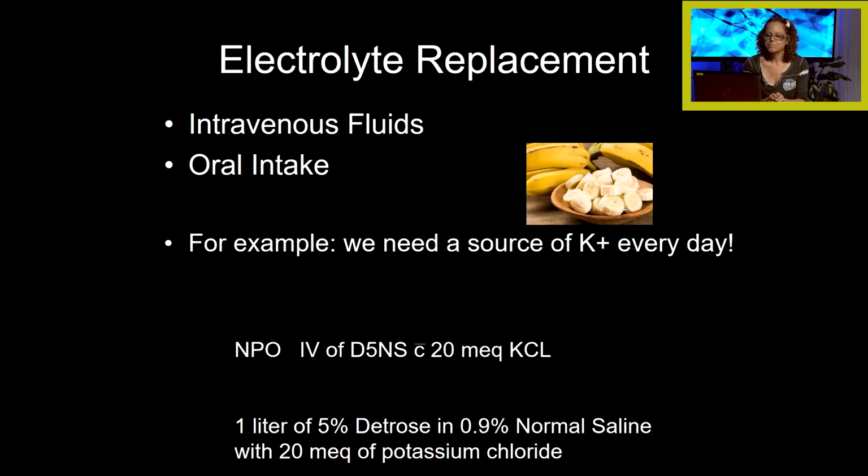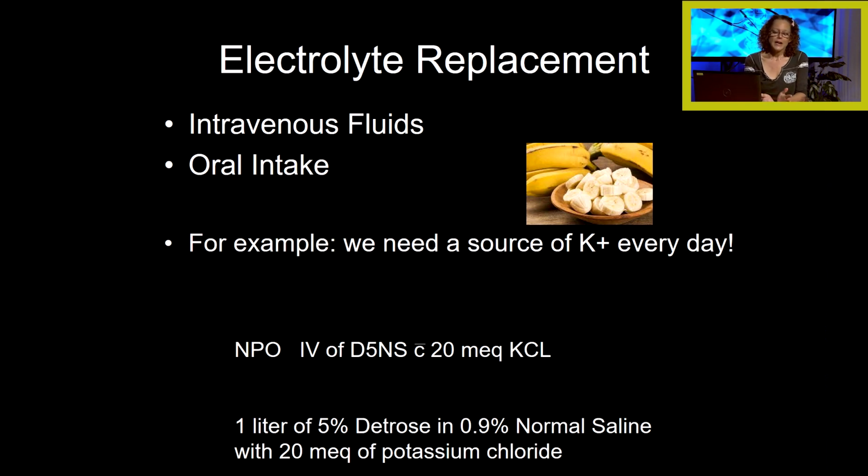So, how do we replace electrolytes? There are a couple ways. We can give a patient IV fluids. We can also encourage our patients to drink more fluids. So there's oral intake or there's IV fluids. We need a source of potassium every single day, okay?